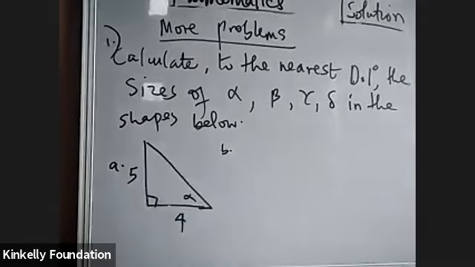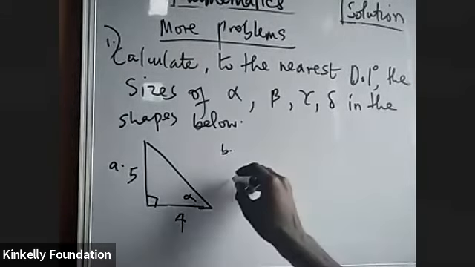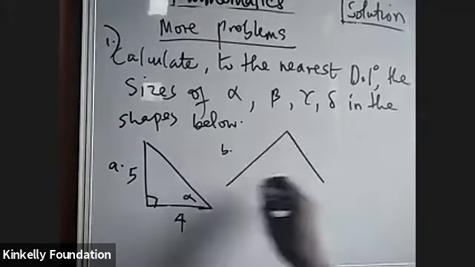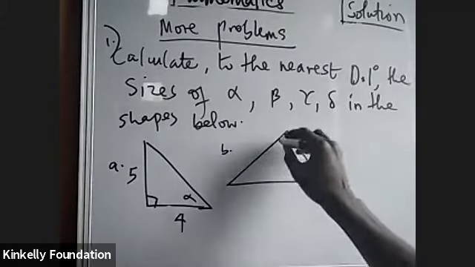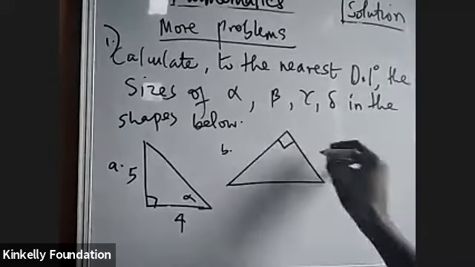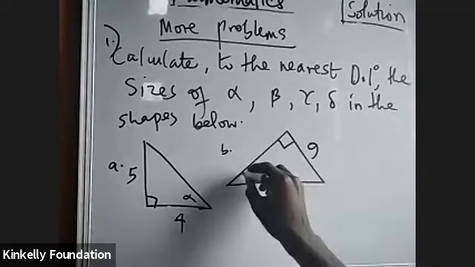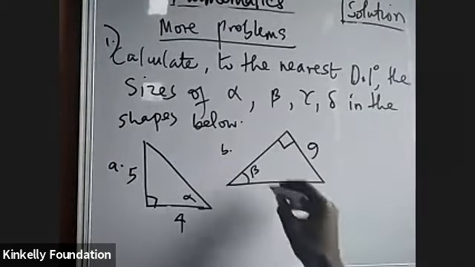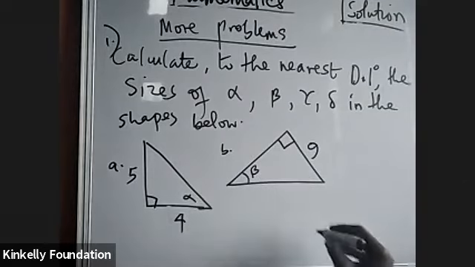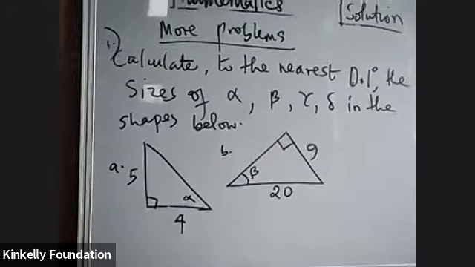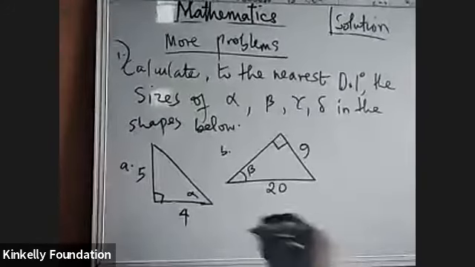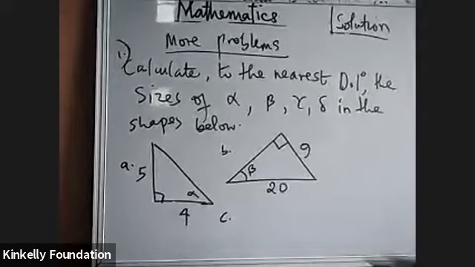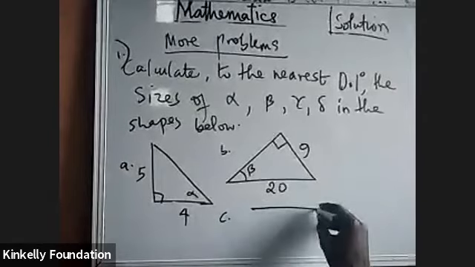B, I think this is 90 degrees, here is 9, here is your beta, here is your 20. In the C part, you have a question like this.